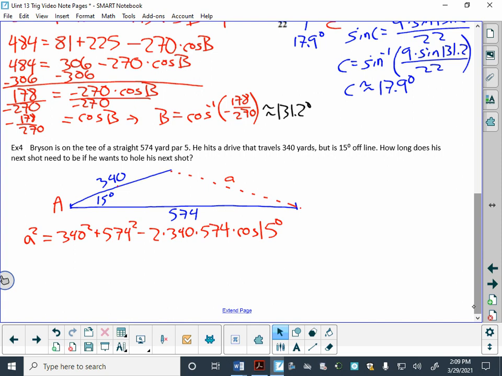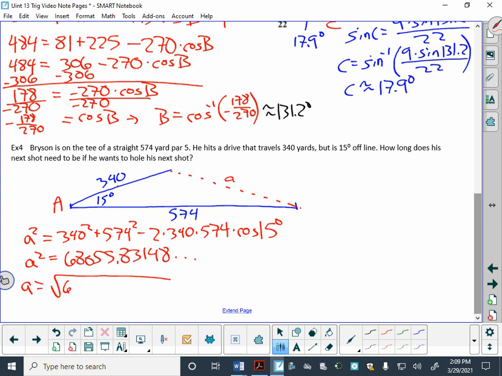And that is going to give me that A squared is equal to 68055.83148 and some other stuff. That's a long way, but that's not the answer, right? That's A squared, so I need the square root of that.